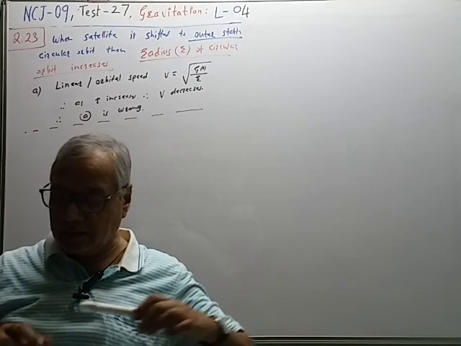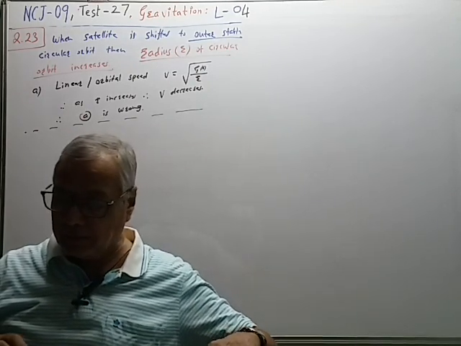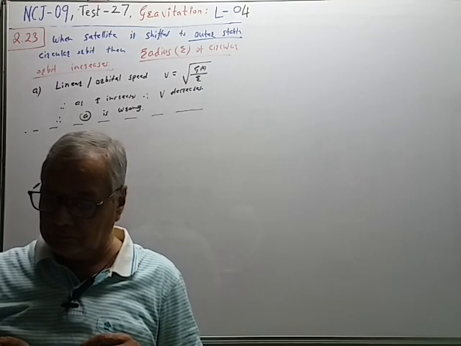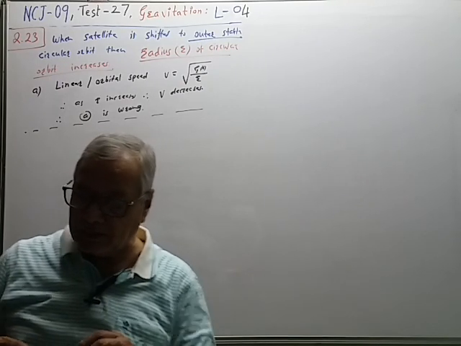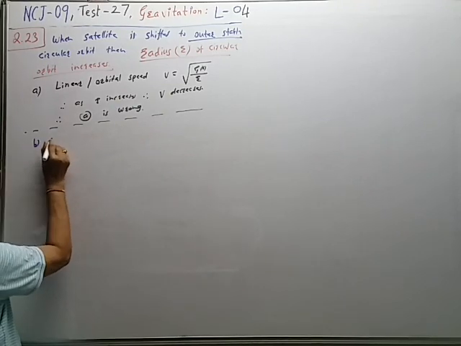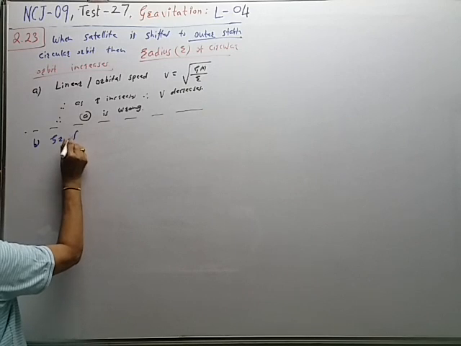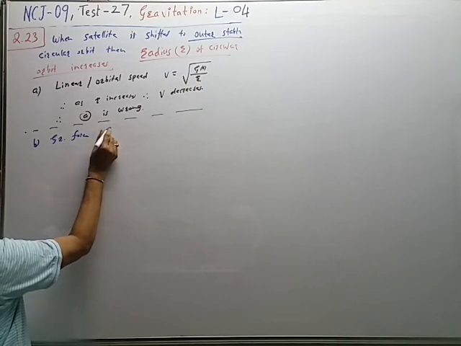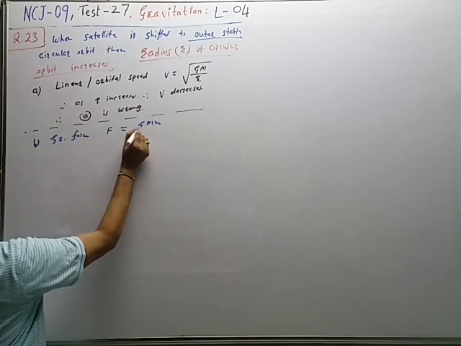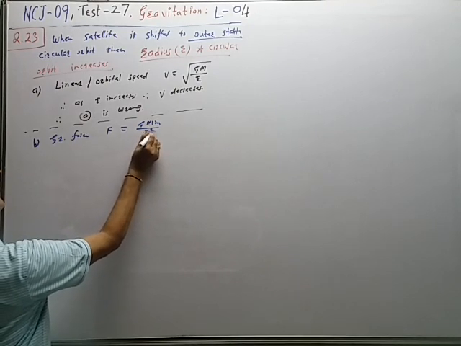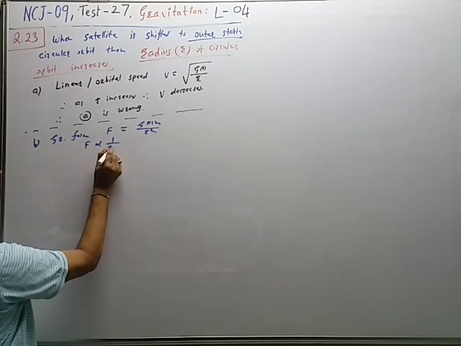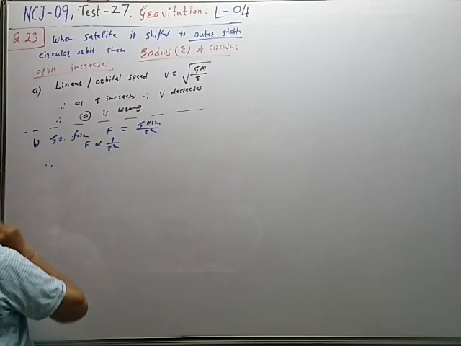Now let us try B quantity, gravitational force. Gravitational force F is equal to GMm upon R square. F is inversely proportional to R square.